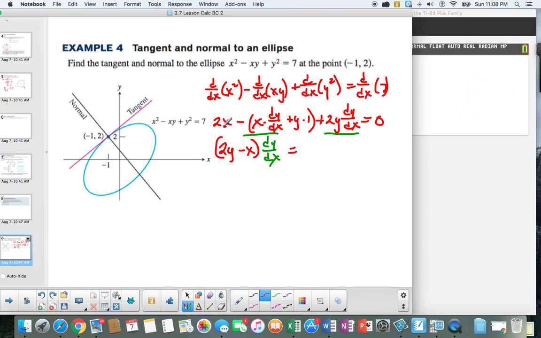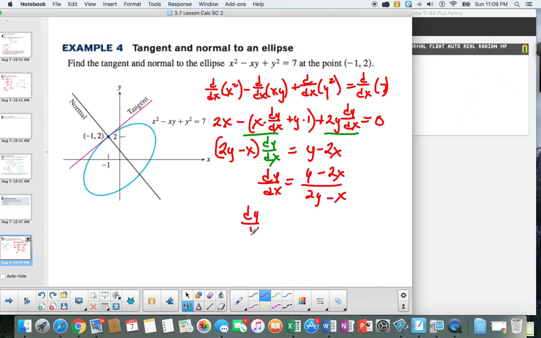And then we're going to move this term to the other side, and we're going to move this term. So this will be y minus 2x. So now our dy/dx will be equal to (y minus 2x) all over (2y minus x).